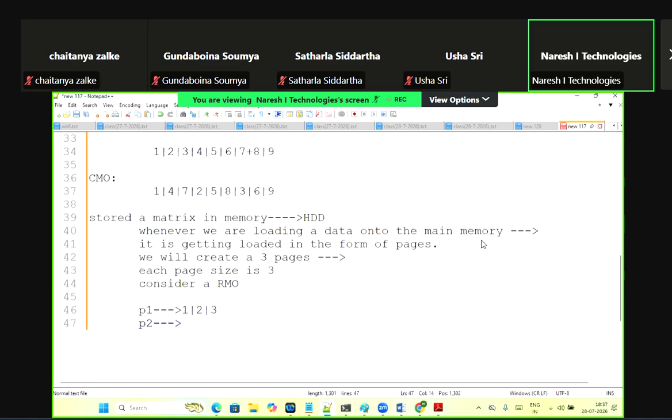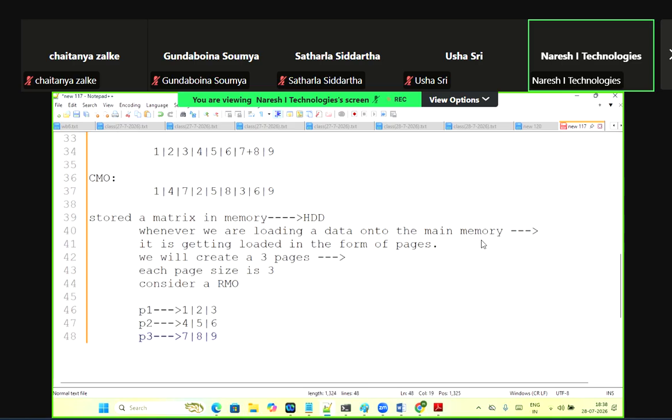Correct. Page 2 is what now? Next one. Let's take 4, 5, 6. Then you are having a P3. You are having 7, 8, and 9. So this data is getting stored in the different pages here, correct?